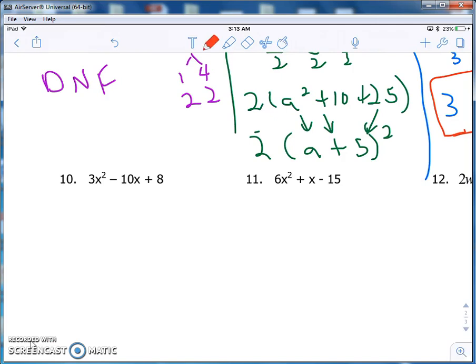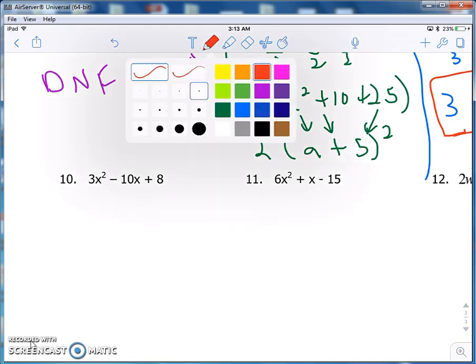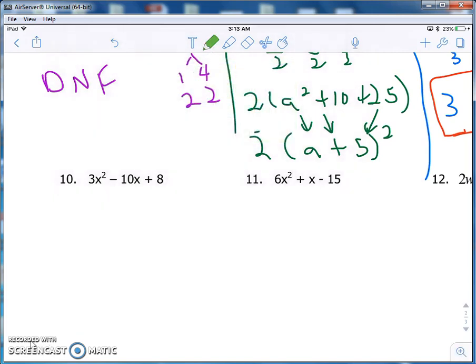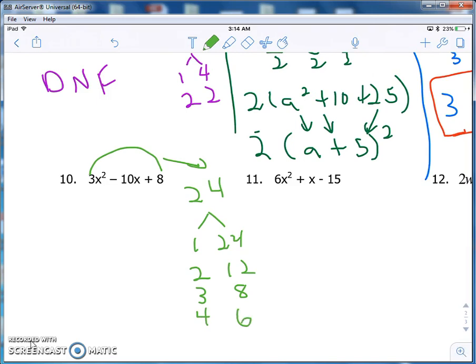Alright, so we've gotten out of the ones that are majority difference of squares and perfect squares, so we're going to use our AC method, and our AC method says multiply 3 times 8, and that gives us 24. All the factors of 24 are 1 and 24, 2 and 12, 3 and 8, 4 and 6. The two that add to be 10 are 4 and 6. And this one's a bit tricky.